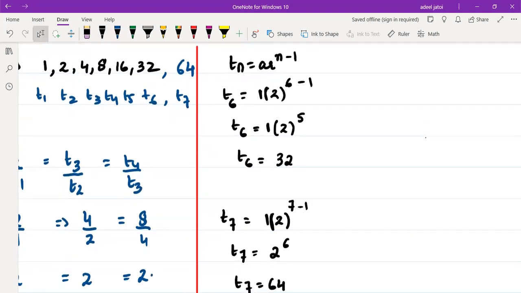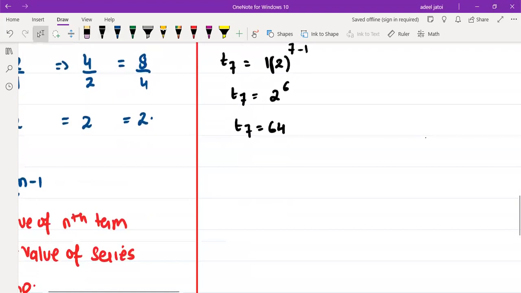Why are we using this? Because in a given question, there can be a requirement for you to calculate, let's say, the 15th term value. For this, you need to take out your calculators to calculate T15 is equal to A R^(15-1).